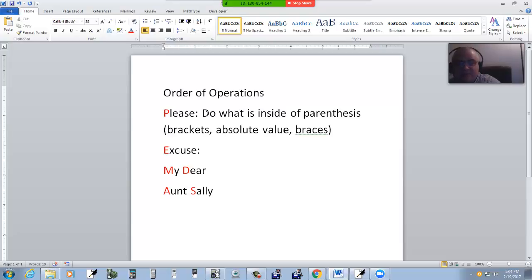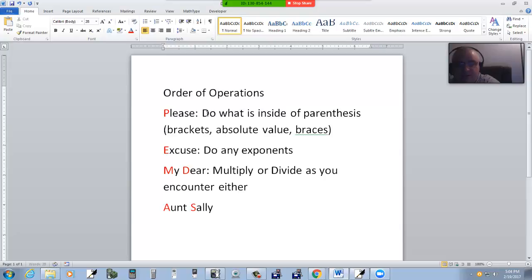The E is for exponents, so do any exponents. MD, that's standing for multiplication or division. So you're going to multiply or divide as you encounter either one from left to right.